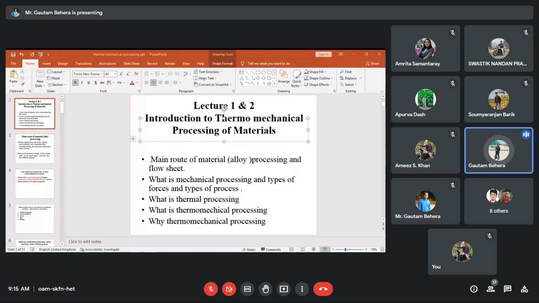So today's menu is like this. First is the main route of metal alloy processing and flow sheet. In this, I'll be showing you the main route of processing of materials. Then what is mechanical processing, types of forces and types of processes. These are completely elementary things.